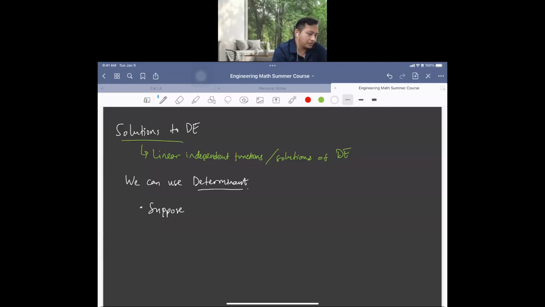So suppose each of the functions f1(x), f2(x) until fn(x) possesses at least n minus 1 derivatives.